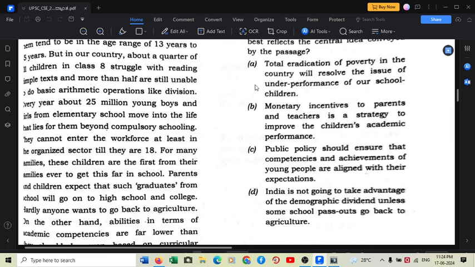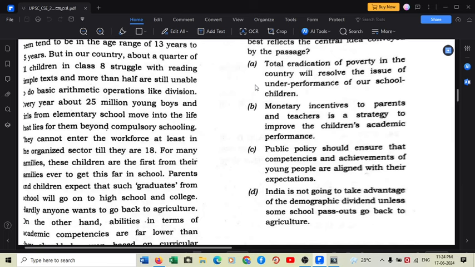It is the occurrence of more young people in the population, and more young people means more human resource productivity. So what the statement is saying is that India is not going to take advantage of the young population unless some school pass outs go back to agriculture. This is absolutely wrong. Even if it is generalized, the statement is wrong.